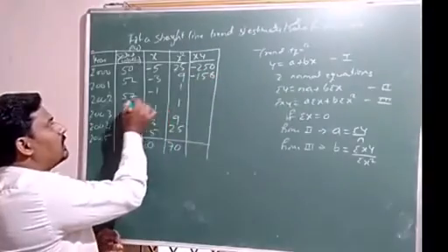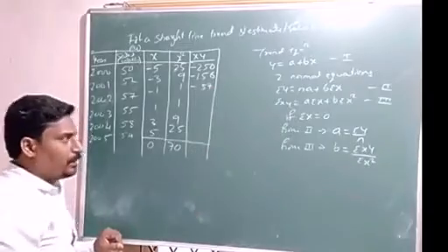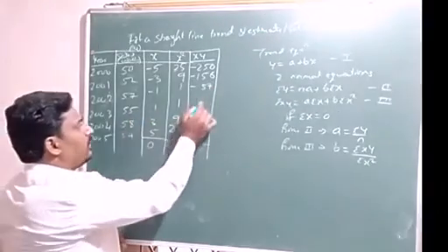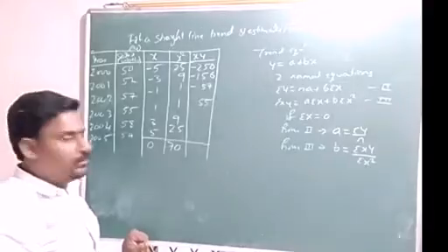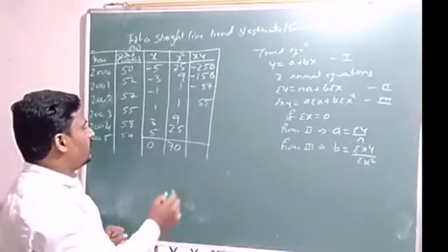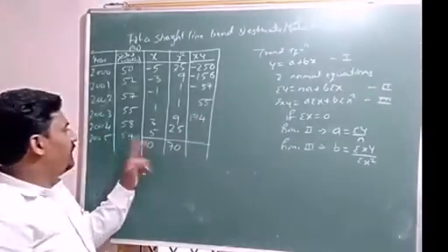Next minus 1 into 57 is minus 57. Then 55 into 1 is 55. 58 into 3 is 174. Next 54 into 5 is 207.